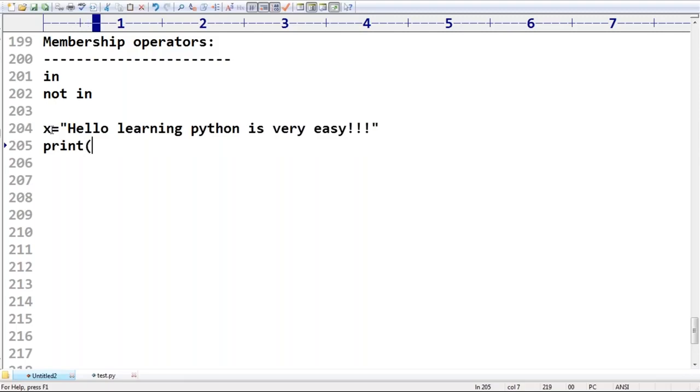Now print: is h in x or not? Can you please guide what is the answer we are going to get? Yes, h is there. Where? In Python. Don't get confused, the capital H is already there.